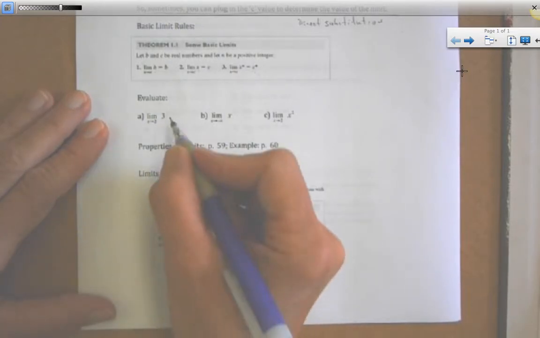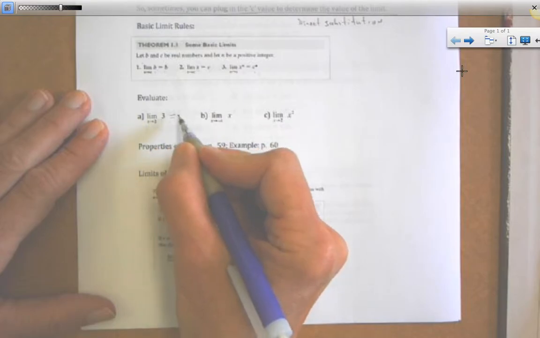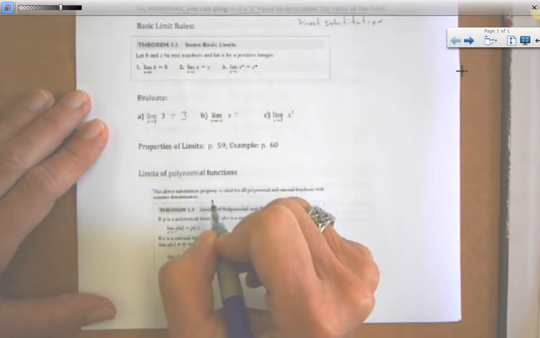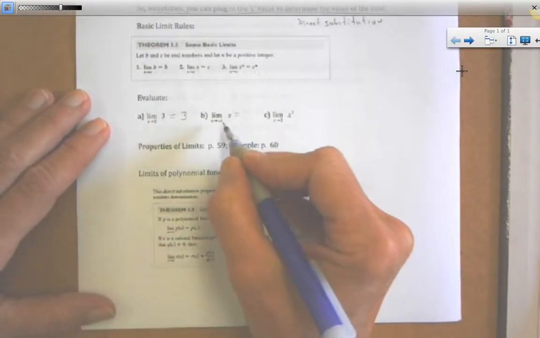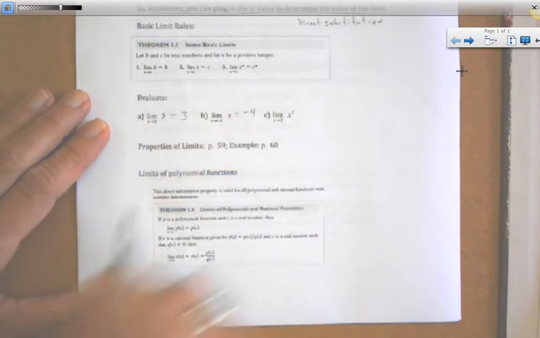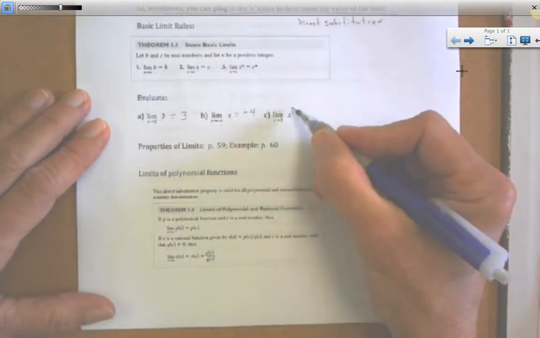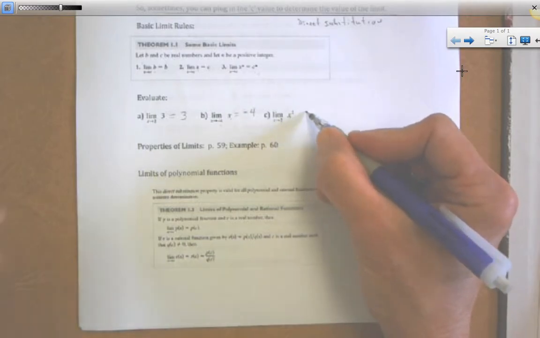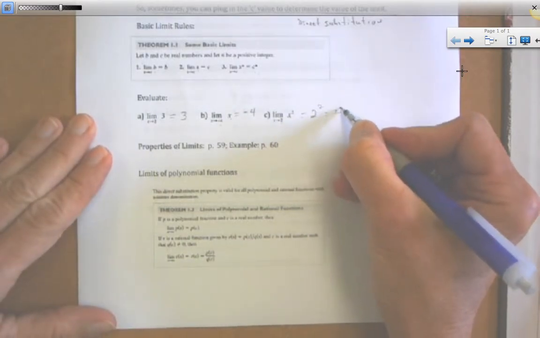As x approaches 2, the limit of that constant function is going to be 3. x is defined everywhere. It's just a linear graph, so the value of this function as x approaches -4 is going to be -4. When I substitute, I can take direct substitution, put 2 in for x, and I get 2 squared, which is equal to 4.